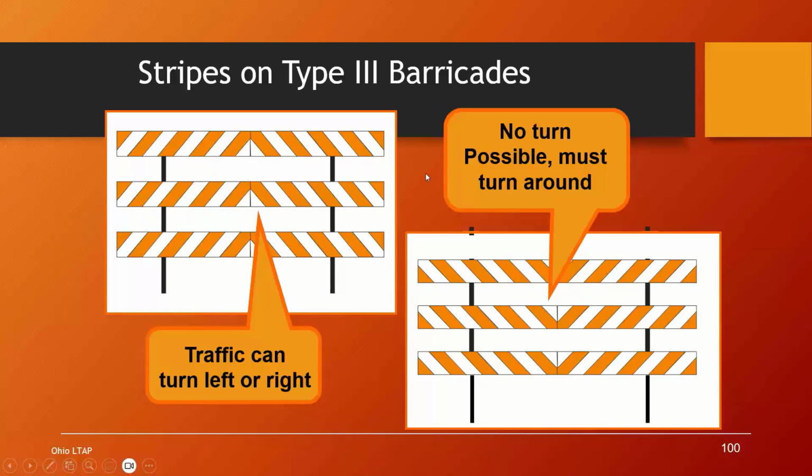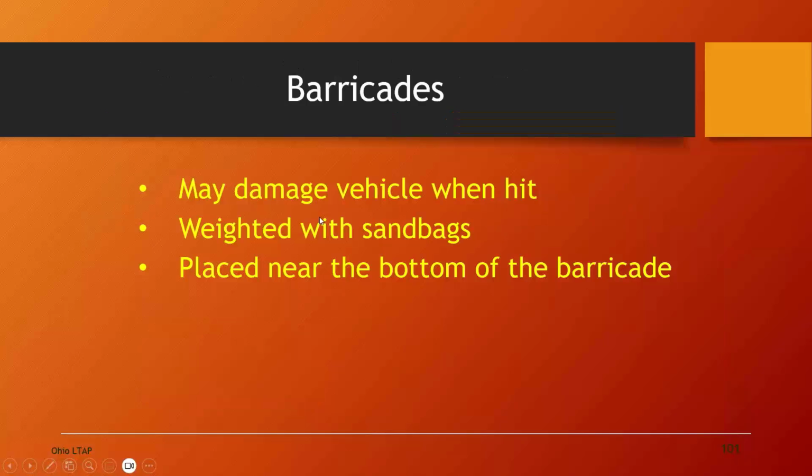Like if you have an arterial street with 3 lanes in each direction and you're working in the middle lane, then you could set up the barricade like this. And a lot of ODOT vehicles and city work vehicles might have retroreflective striping on the back of their work trucks that are striped in this manner.